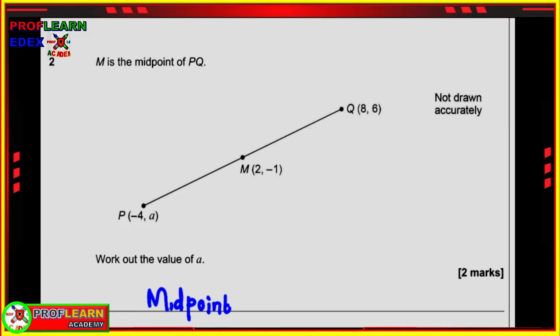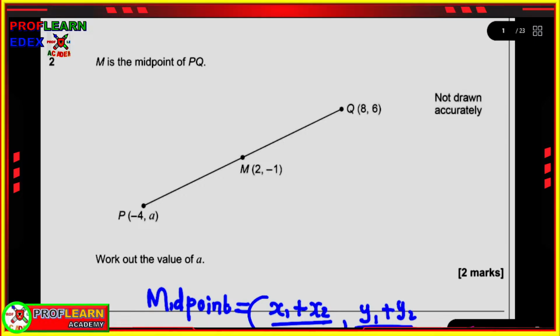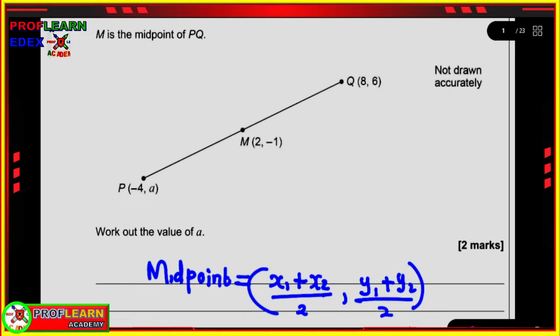So midpoint is going to be given by the formula x1 plus x2 over 2, comma, y1 plus y2 over 2.